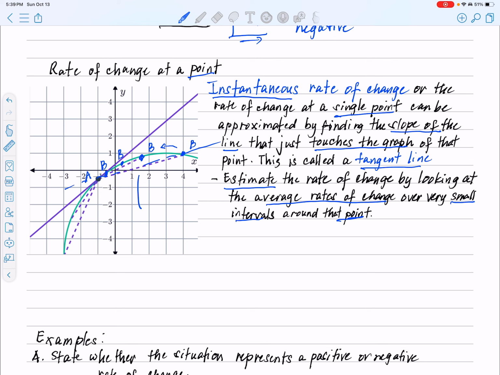So the closer the interval around the point, the more you're approximating the slope of the line that just touches the graph at that point. Point B is very close, right there, with very small intervals.